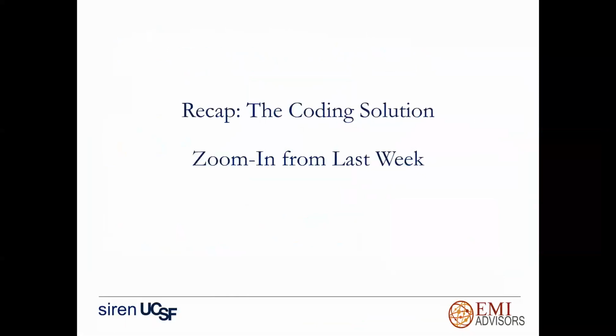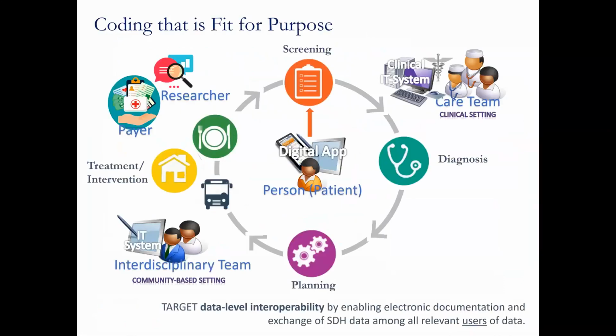This coding collaborative is focused on addressing those fundamental problems and meeting the need to provide coded information that can be shared throughout that care planning and delivery process. The solution is to design and find or request codes that are fit for the purpose across this entire cycle that we talked about last week.